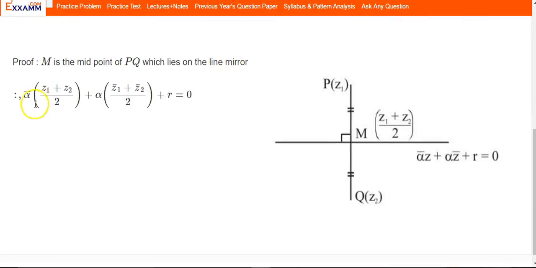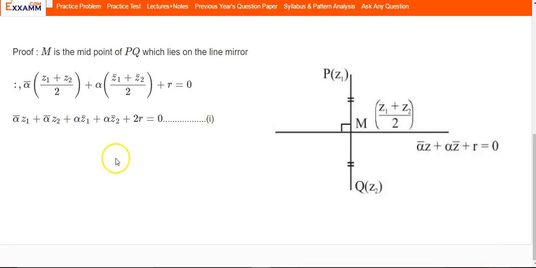Instead of z, we put (z1 plus z2) by 2: alpha bar times (z1 plus z2) by 2 plus alpha times (z1 bar plus z2 bar) divided by 2 plus r is equal to 0. On solving, this is the equation we get: alpha bar z1 plus alpha bar z2 plus alpha z1 bar plus alpha z2 bar plus 2r is equal to 0.